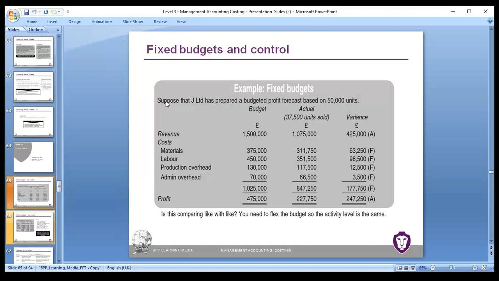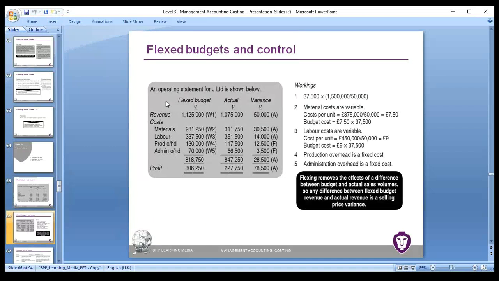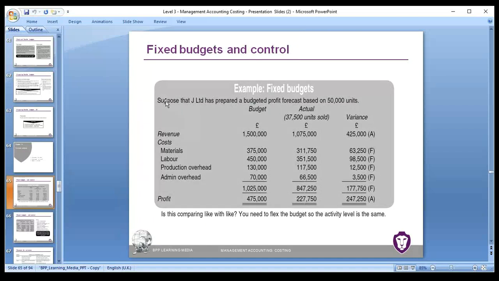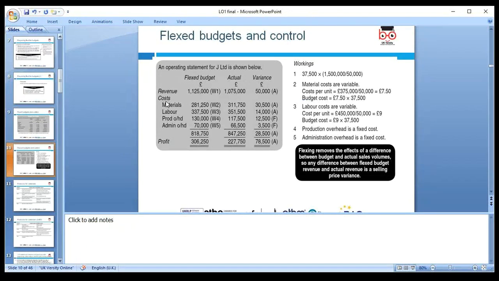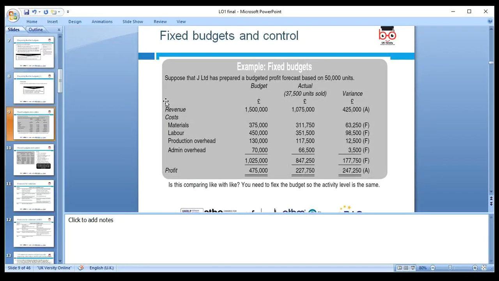Okay. Go back and look at this example. We have a budgeted unit of how much? 50,000. So 1,500,000 divided by 50,000 gives £30 each unit.